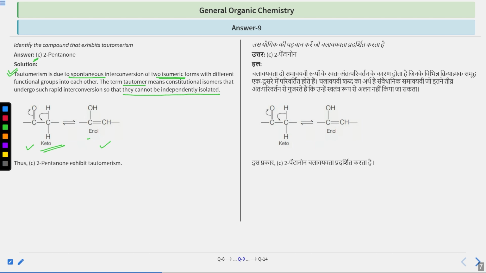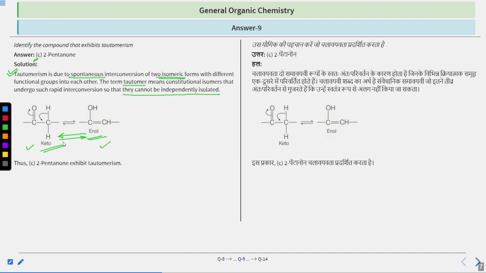So you can see it forms the enol, with C double bond CH and C single bond OH. This converts to that, and that converts back to this. So this process is tautomerization.